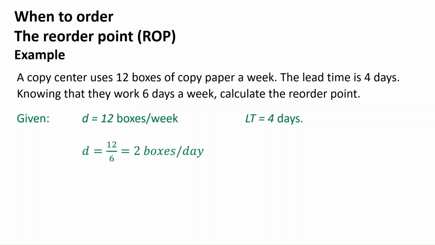So, D equals 12 divided by 6 equals 2 boxes per day. Now we can calculate the ROP, which equals D multiplied by LT equals 2 multiplied by 4 equals 8 boxes. This means that the copy center should make an order once they have 8 boxes on hand.